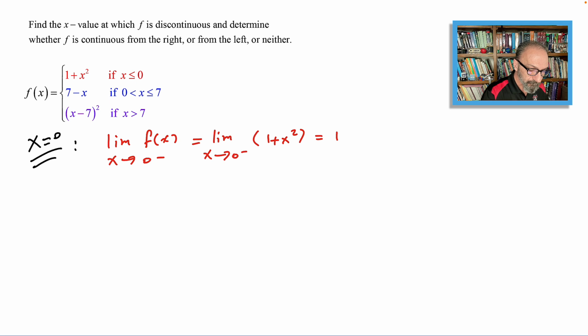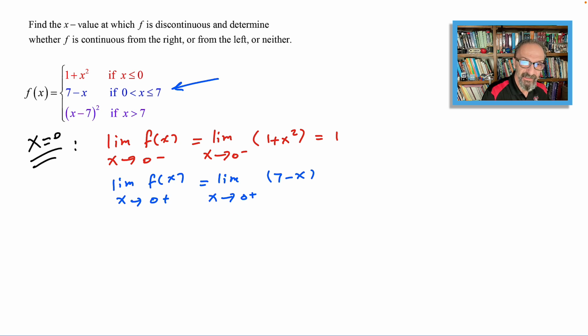Next, the limit of f of x as x approaches 0 from the right, that's the second line, being greater than 0, will give me limit x approaches 0 from the right of 7 minus x, and that is 7 minus 0, which is 7.